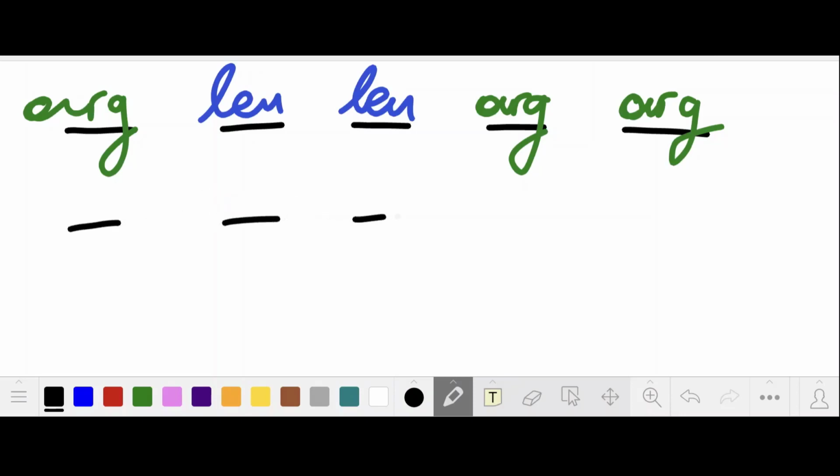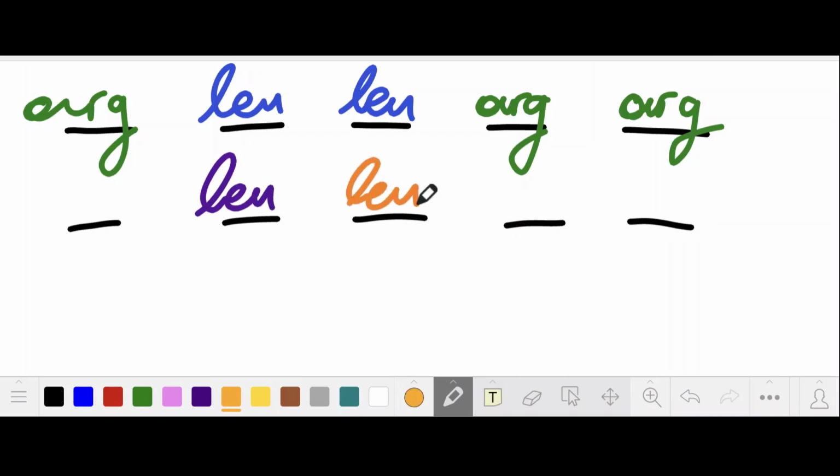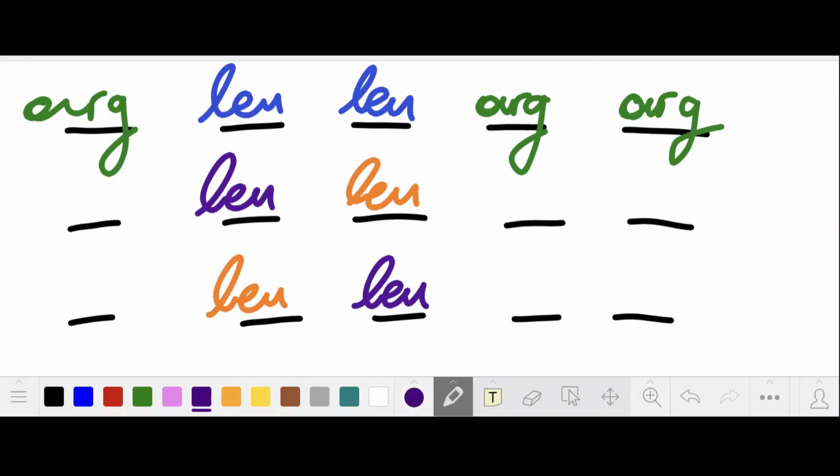If we did take permutations, then this pentapeptide would be considered different from this pentapeptide. Okay, but the order that we place the leucines does not matter, so we don't want that.